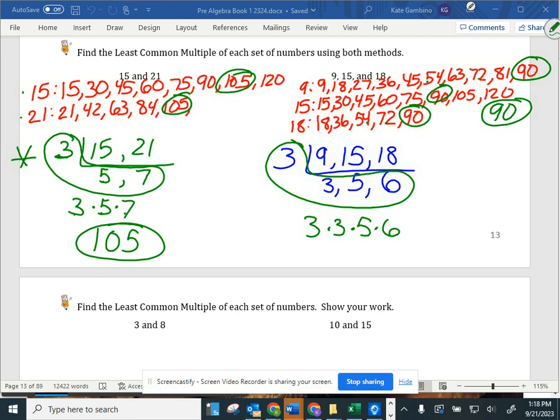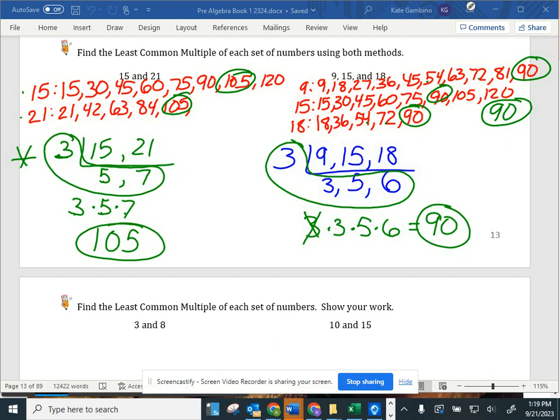We don't want to repeat any of our numbers. So we already had a 3 in here, we're not going to repeat the 3. So 3 times 5 times 6 is 90. We don't want to repeat any prime that's being shared. So we've already said the 3, we don't want to say it again, that's why.